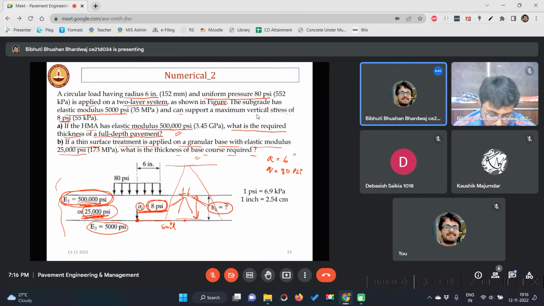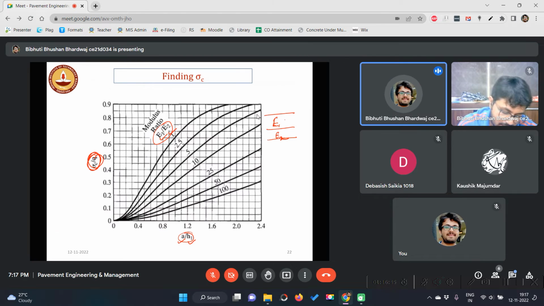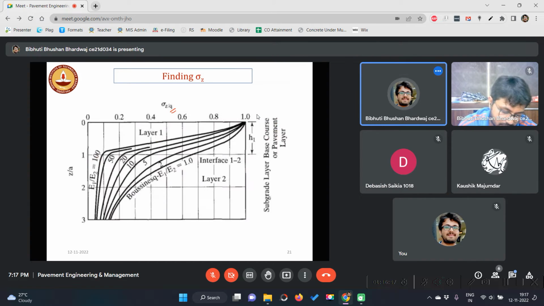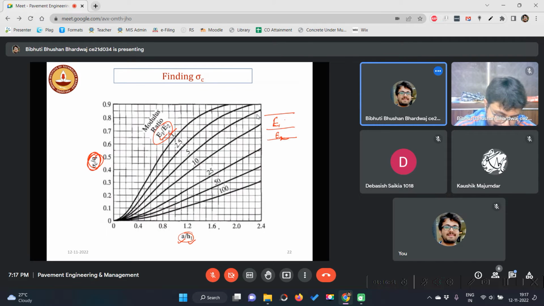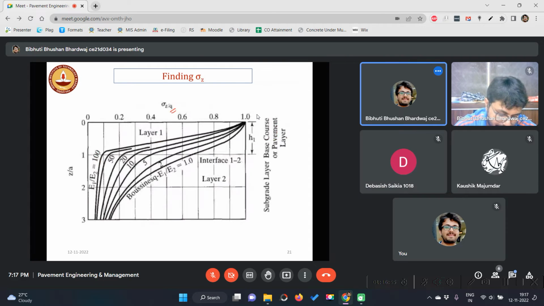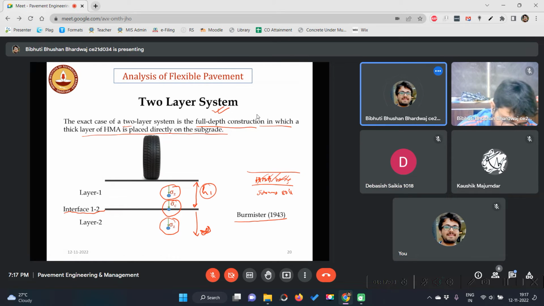Okay. So here H1 is unknown. Out of this, which one do you think should be used, this one or this one? See, we are not finding sigma z. Sigma z was either at this layer or at this layer. We are finding the stress at the interface, right?